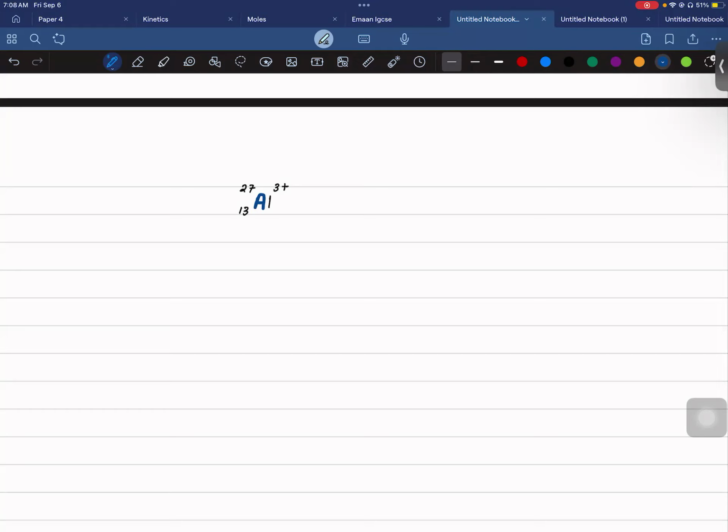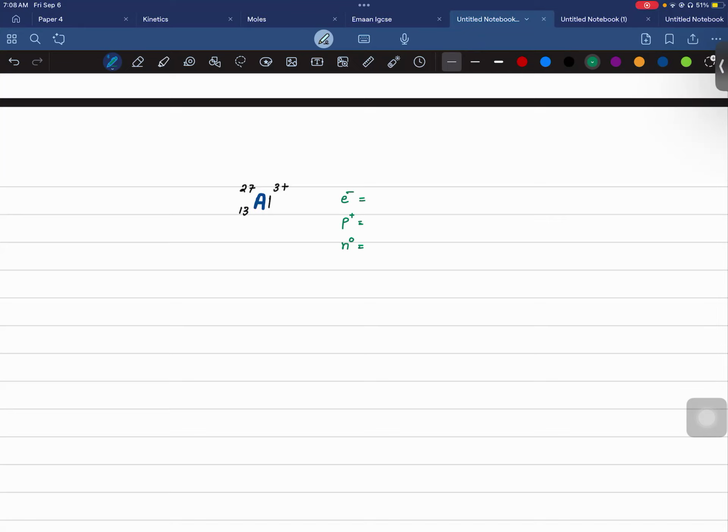So I'll start with electrons. Electrons will be 27 minus 3, which is 24. So 24 electrons.